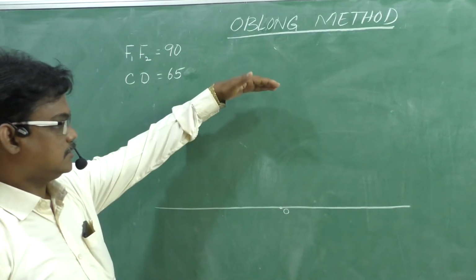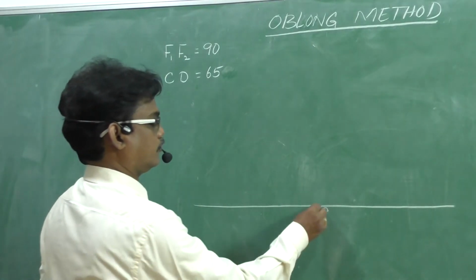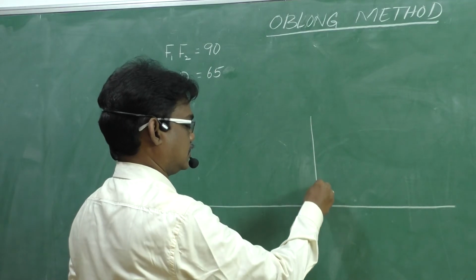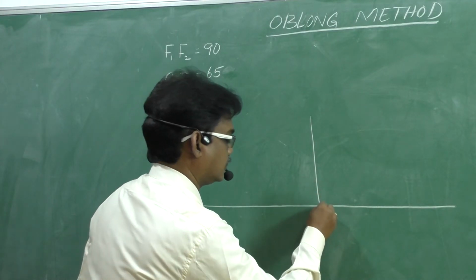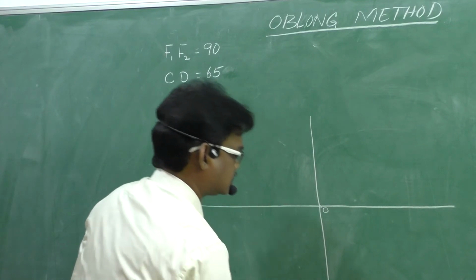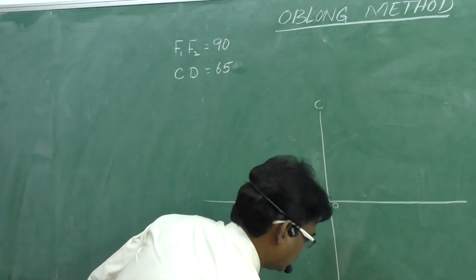Above this line 32.5, below this line 32.5, total equal to 65 mm. Let it be CD.